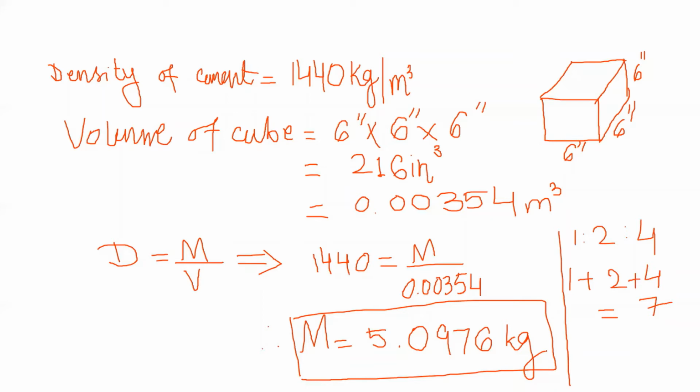1:2:4 means, what does it mean by that? In each component, one is for cement, two is for fine aggregate, and four is for your coarse aggregate.